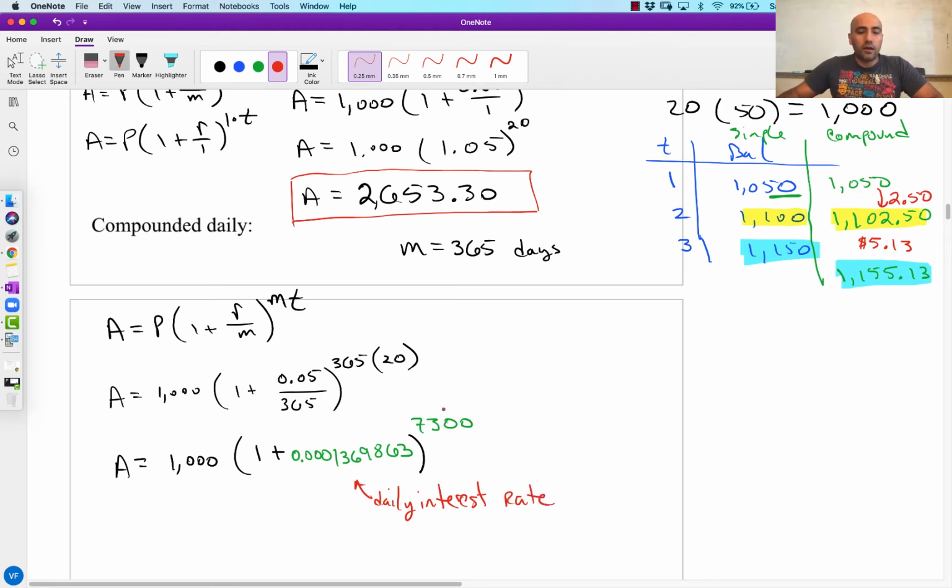And so if each day they give you a statement, they figure out how much interest you've earned, they deposit it into your account, and so your account balance increases every single day. At the end of 20 years, you would have 7,300 statements, like bank statements, right? We call these periods.